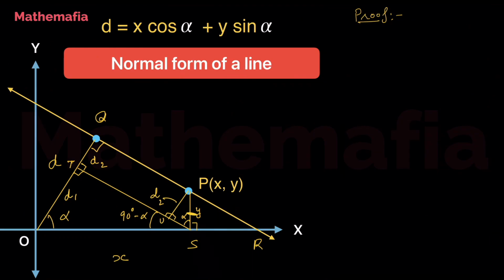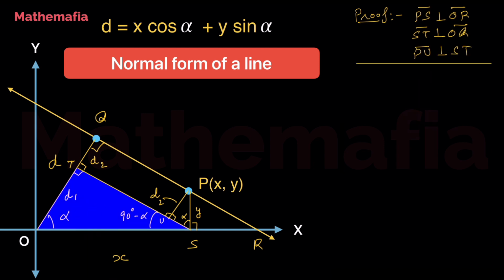So let us write down what we have constructed. We have drawn a perpendicular PS on OR, then ST is perpendicular on OQ, and then PU is perpendicular on ST. Let's now take this right angle triangle.